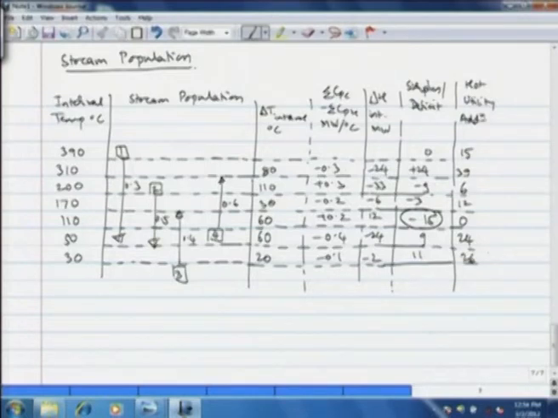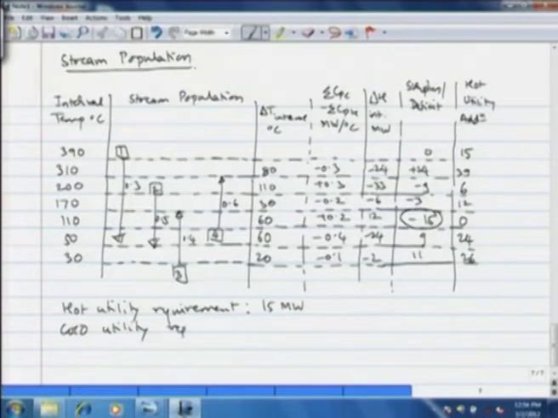So here the hot utility requirement for this case is 15 megawatt, and then after supplying of 15 megawatt, we are left with 26 megawatt of surplus heat, which we have to discard to cold utility. So cold utility requirement is 26 megawatt.